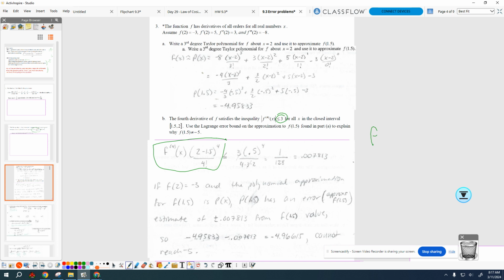Why, for the part B, did you use 1.5 as the center instead of 2? I'm not using 1.5 as the center. I found the polynomial at 2. I want to use that polynomial not at 2, but off of 2. I want to use that polynomial to approximate at 1.5. When I'm at 1.5, using something that was actually designed at 2, how big is my mistake?